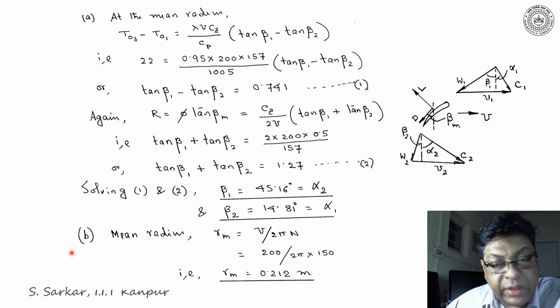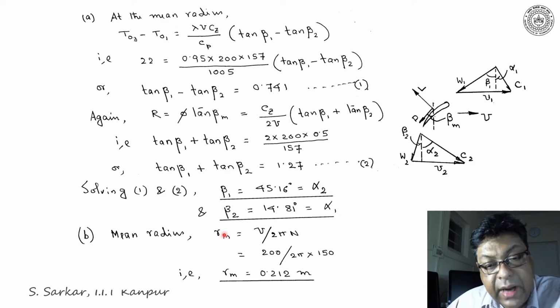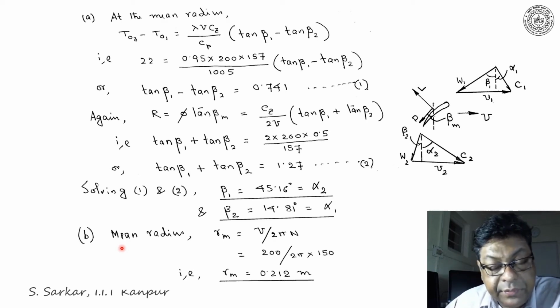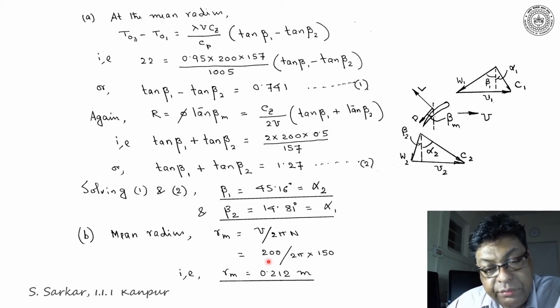Now the next point that has been asked is the mean radius. So I can write Rm is equal to U, that is the tangential or the blade speed, divided by twice pi into n, where n is the rotation of the blade, that is equal to 150 rps. So put the values: 200 divided by twice pi into 150.